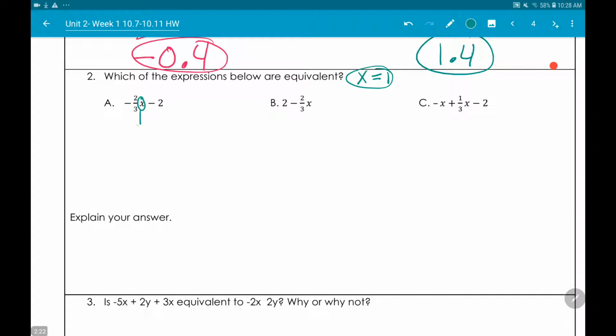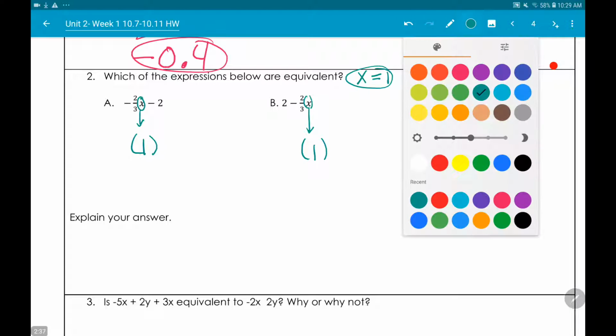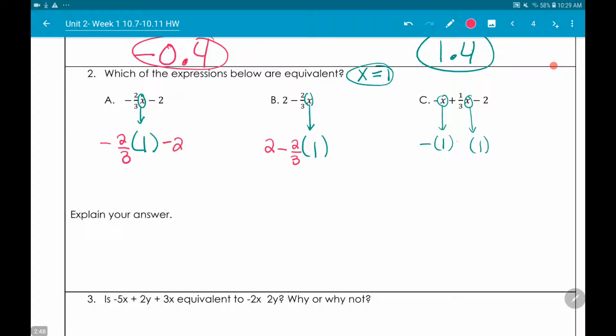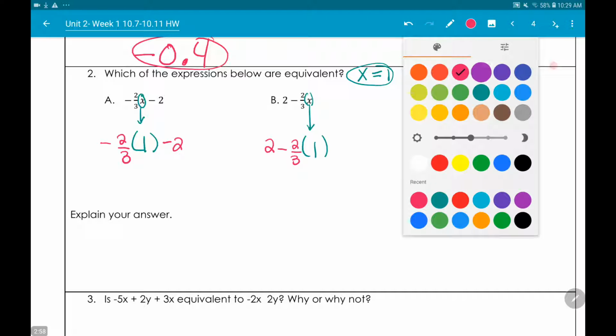So that means wherever I see an x, I'm going to plug in 1. The rest of my expression stays. Okay, and now I'm going to simplify this.